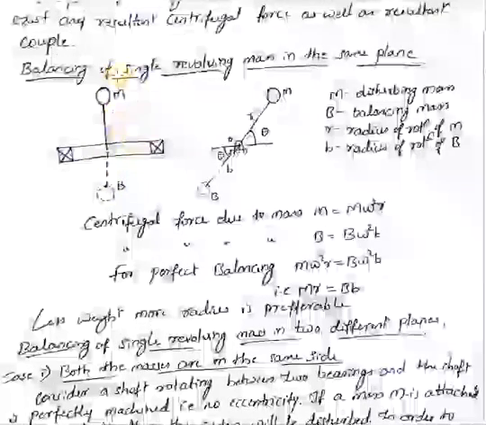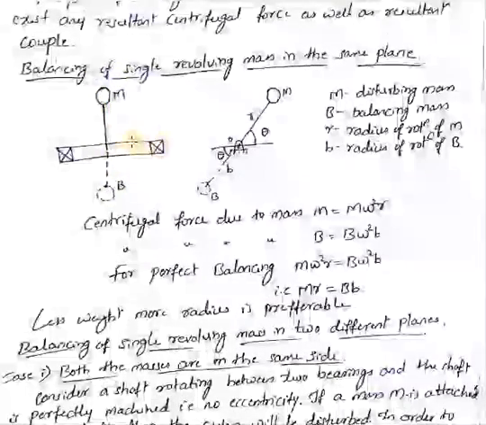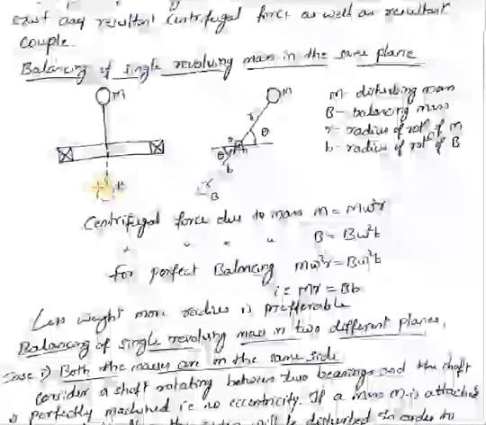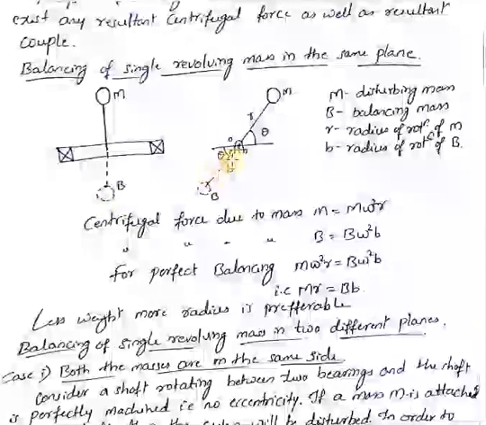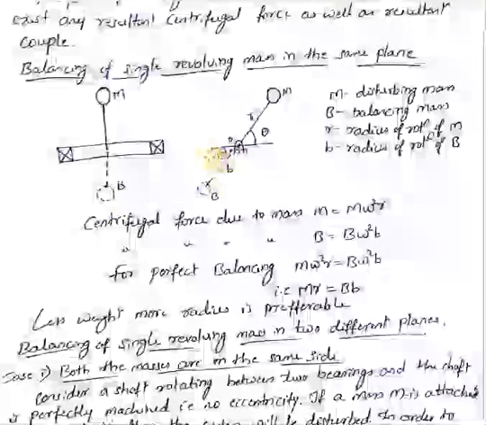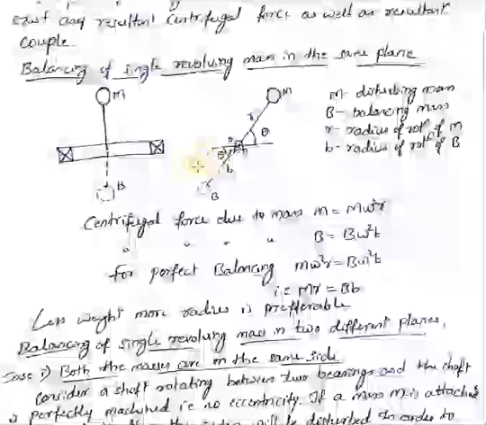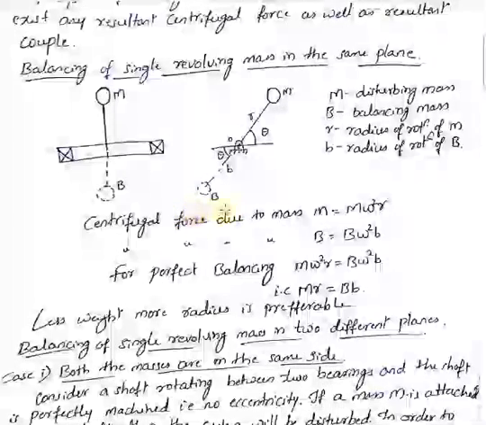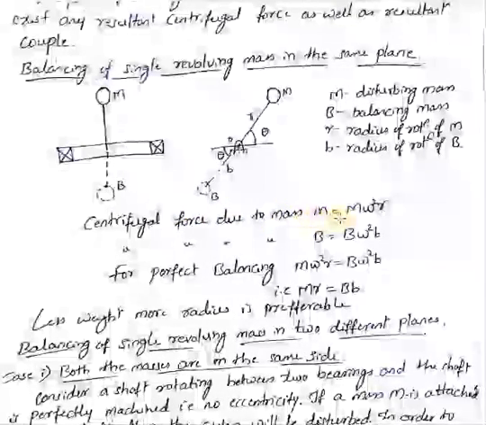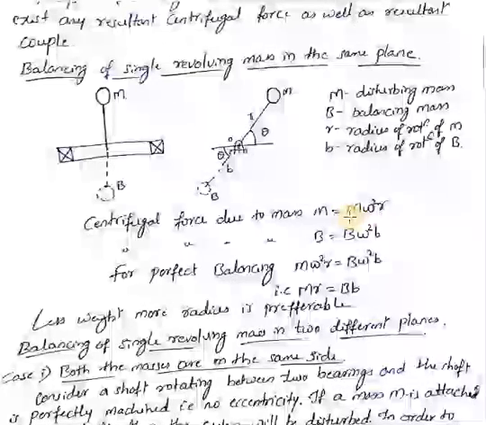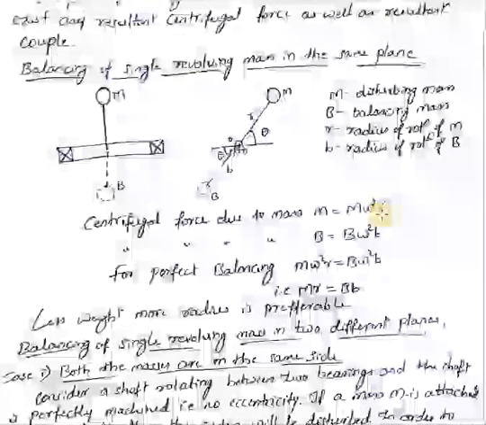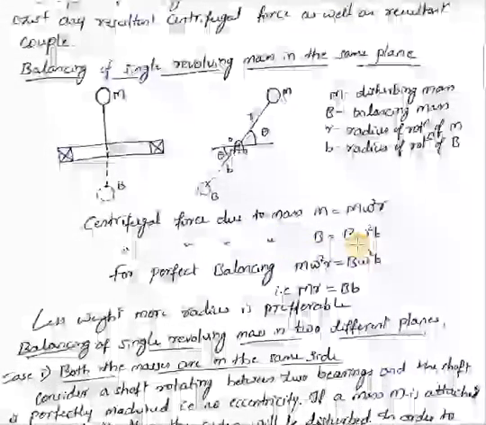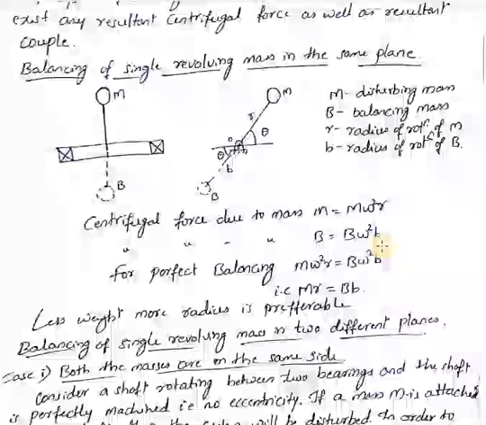Because of the attached mass M, the system will be unbalanced. When you attach B at a proper radius, you can say that the system is completely balanced. Now moving further, the centrifugal force due to mass M is M into omega square into R, and the centrifugal force due to mass B is B into omega square into b.